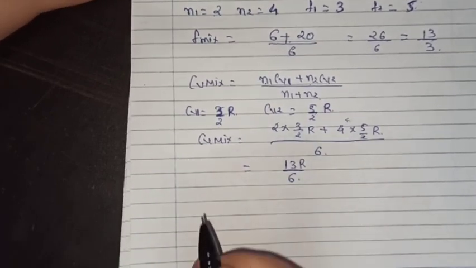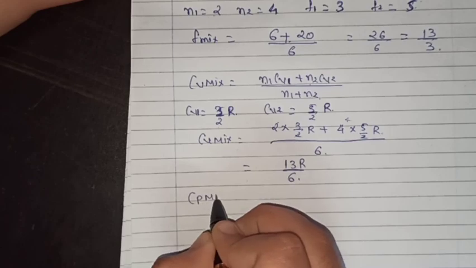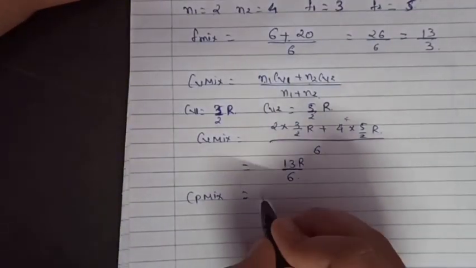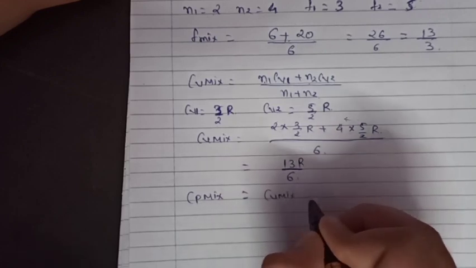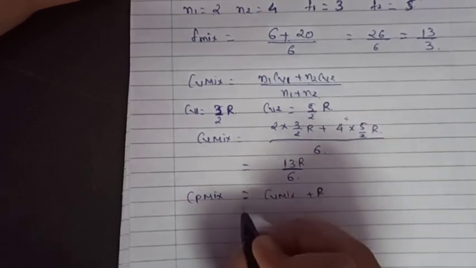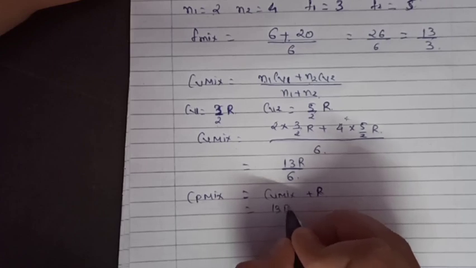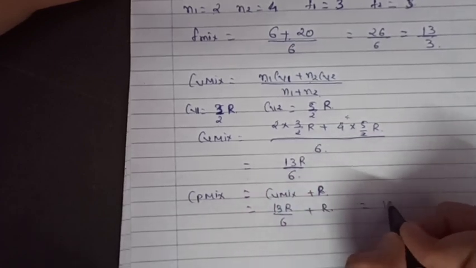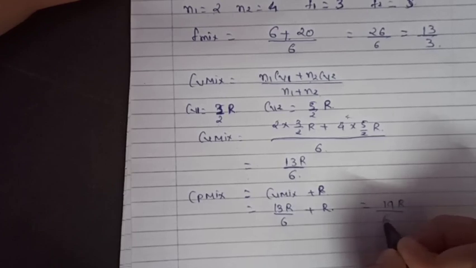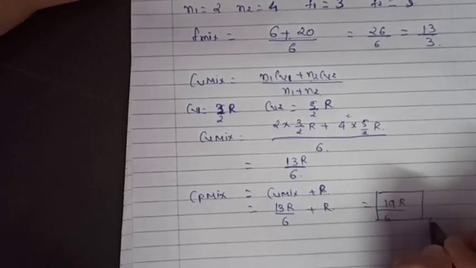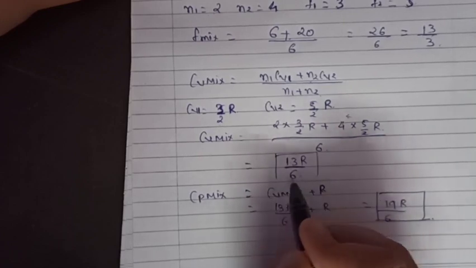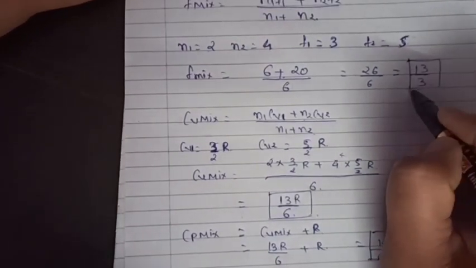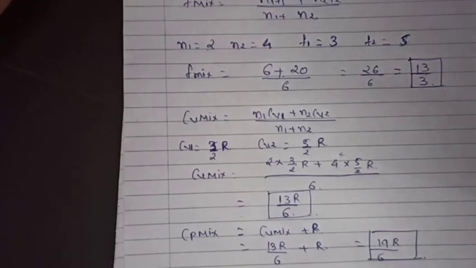Now we want to find Cp of the mixture. Cp of the mixture can be simply found by Cv mixture plus R. Cv mixture is 13 R by 6 plus R, that will give us the answer 19 R by 6. In this way we can find Cp, Cv and degree of freedom for a mixture of gases.